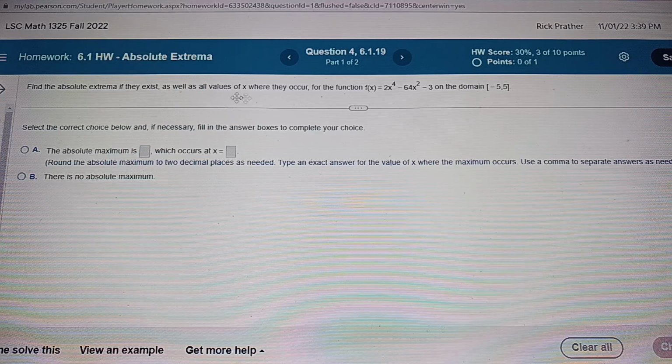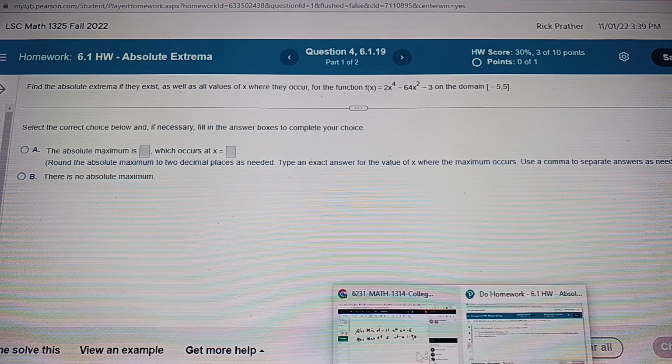Okay, similar problem in number 4. We got a 2x to the 4th minus 64x squared minus 3, and our closed interval is negative 5 to 5.